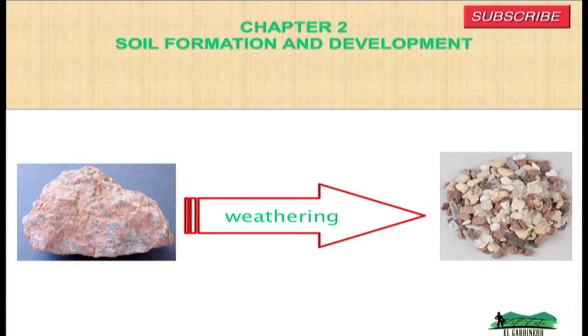The first picture shows you a rock, and then the next picture shows you fragments. And in soil science, we assume that soil came from weathering of rocks and minerals. How did it happen? From rocks to fragments, in between pictures, is what you call the weathering, which will be discussed further.